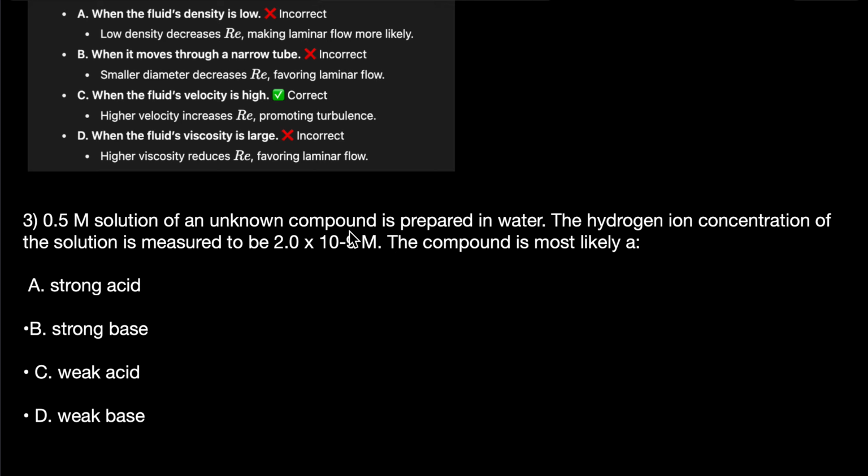We take whatever number we have here and subtract 2, or whatever number is here. So 9 minus 2. If there was 1 here, we would say 9 minus 1. So 9 minus 2 is going to be 8.7. 8.7 is a weak base. So D is the correct response.